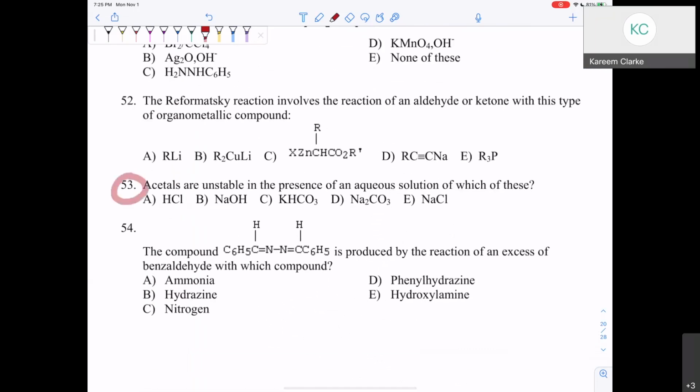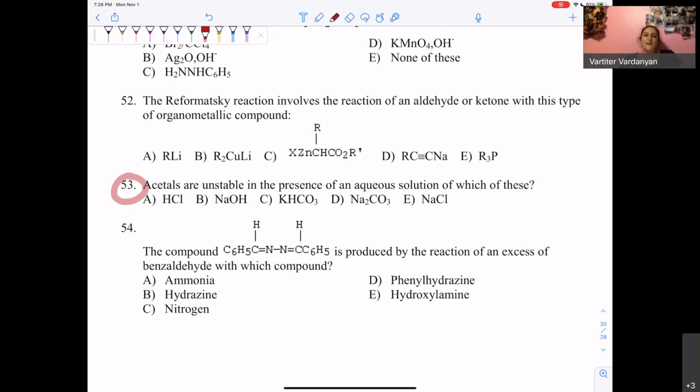Okay. So 53. Acetals are unstable in the presence of which of these? The question is really asking: acetals go all the way to completion in acid catalyst, and they stop at the hemiacetal in base catalyst or no catalyst.